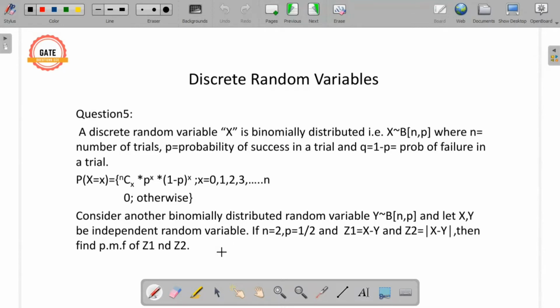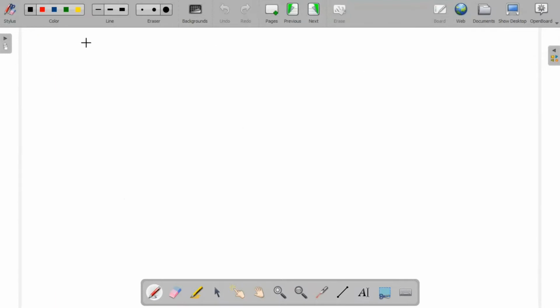So now I will solve this question. In the beginning, I will write here what is given. X is distributed binomially with parameters n and p. Y is distributed binomially with parameters n and p.